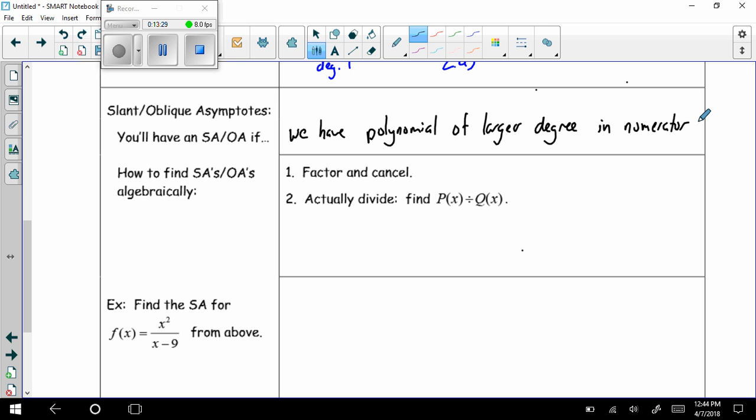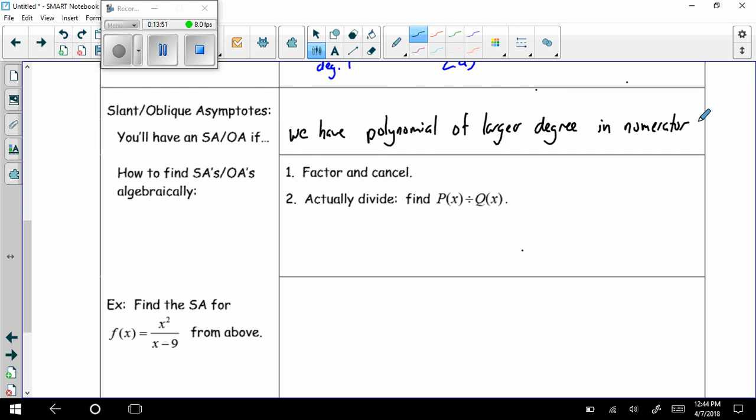If you want to put that more into people words, you're more than welcome to do that. And it might be something like situations where degree is bigger on top. That works for me. And how we find slant asymptotes or oblique asymptotes algebraically, we do the same thing. We factor and cancel if we can, and then we actually divide the two polynomials.